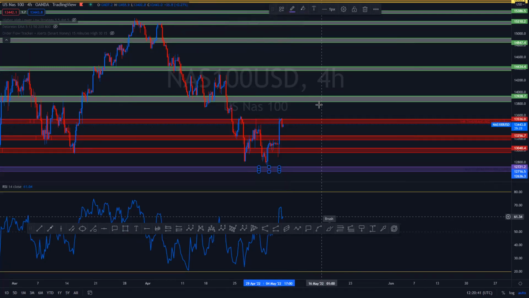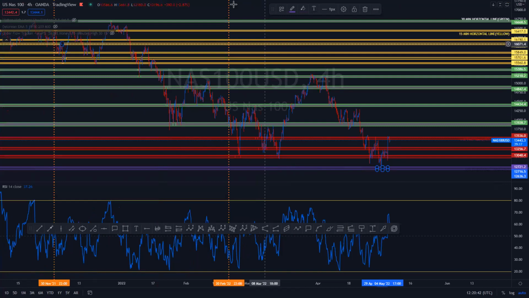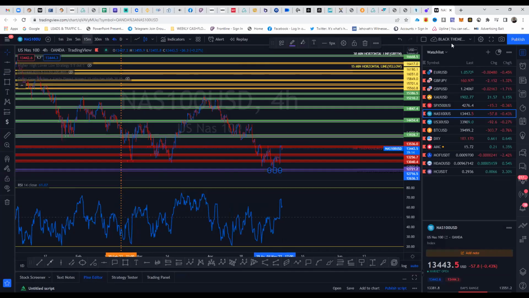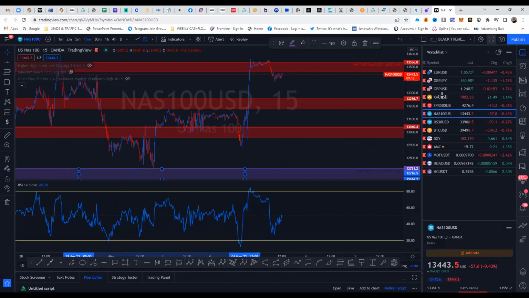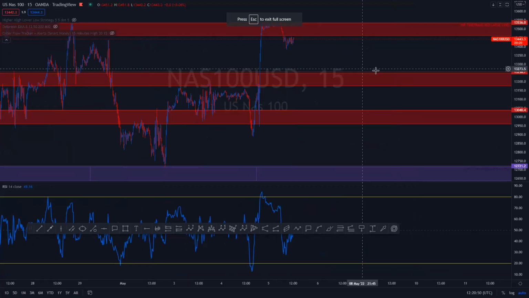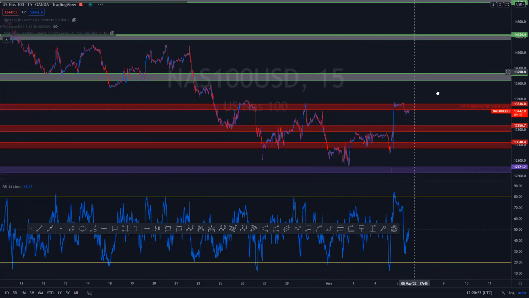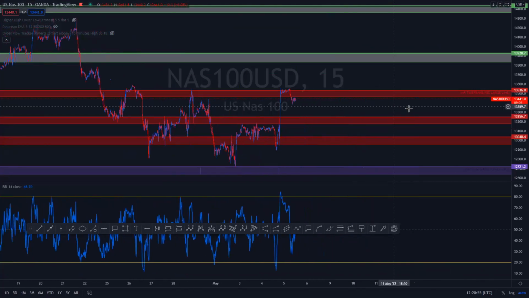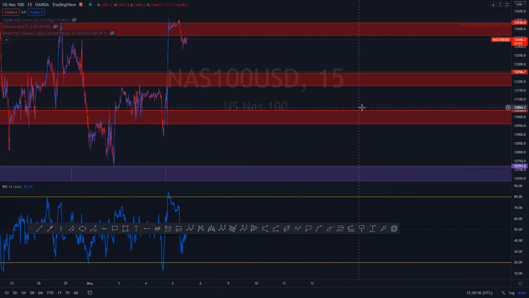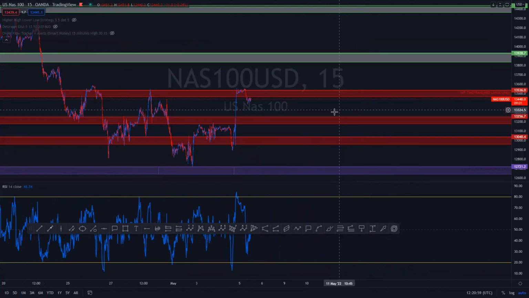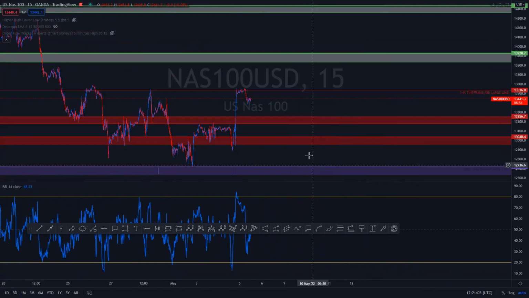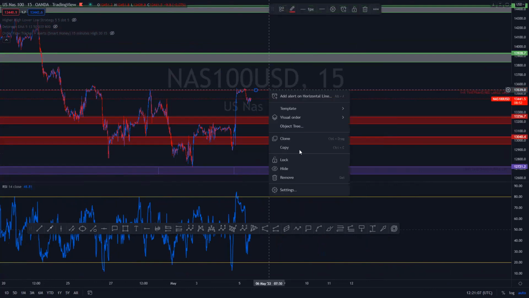So what we're going to do is go ahead and move back to the 15 minute. And here we are. Now, probably what I'm going to do is, if I zoom in, I'm probably going to remove this zone here.